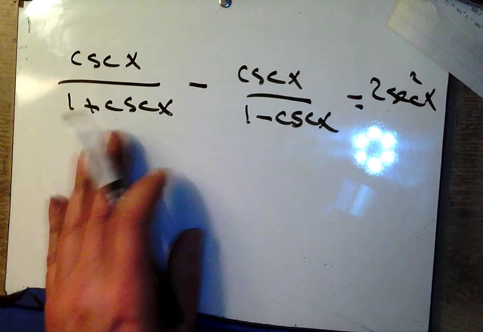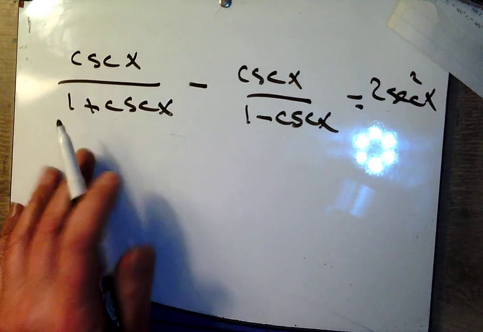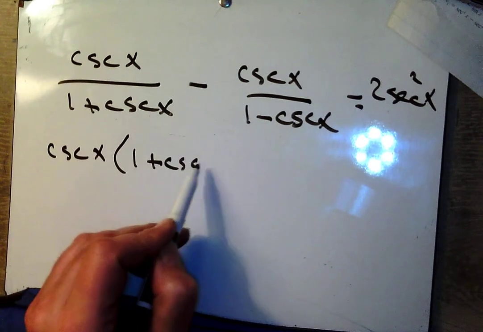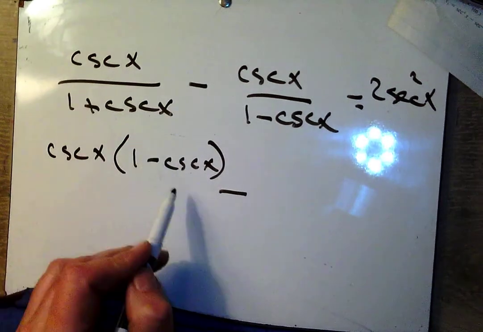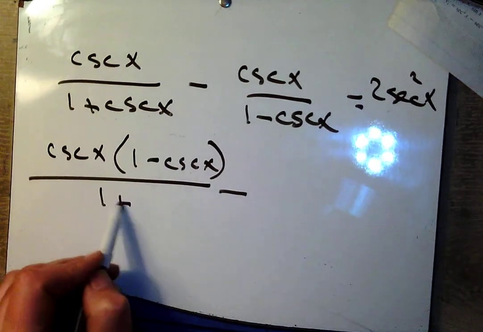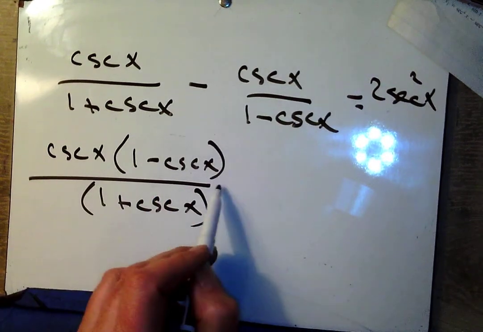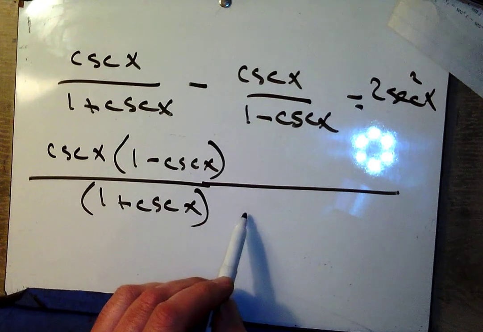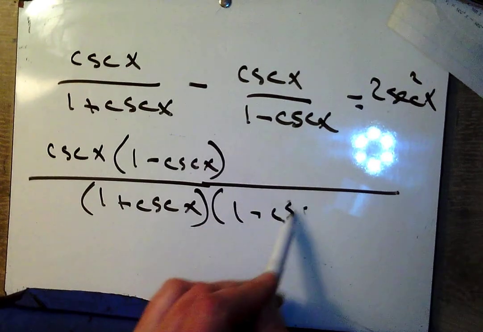So, did you make a common denominator, or did you multiply top and bottom by the conjugate? It doesn't matter, they're both the same. So cosecant x, 1 minus cosecant x, over 1 plus cosecant x times 1 minus cosecant x.